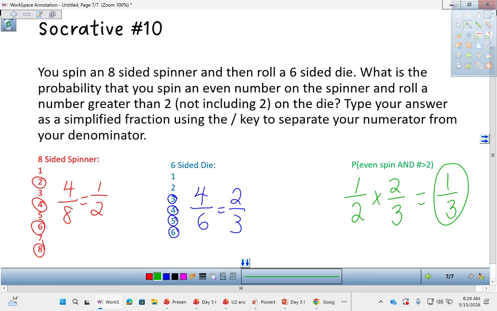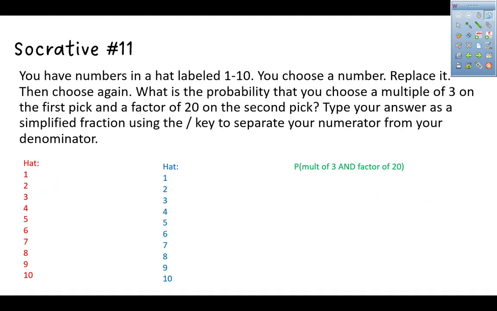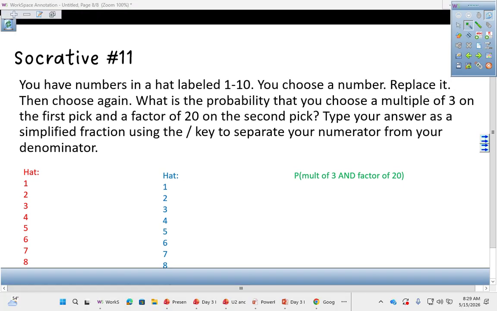That wasn't as low as the next one. I think only 3 people in the class had this one right. All right, so my guess is you're getting one of these wrong, and it's leading to the wrong answer. All right, because there's some vocabulary in here, the words multiple and factor. The first one says you get a multiple of 3.